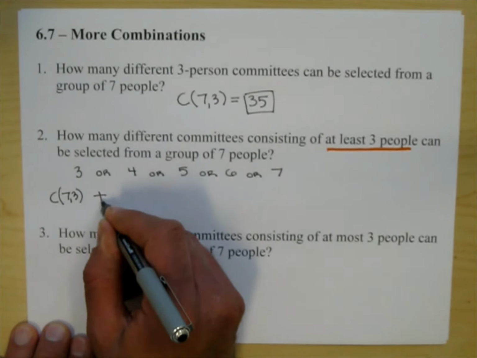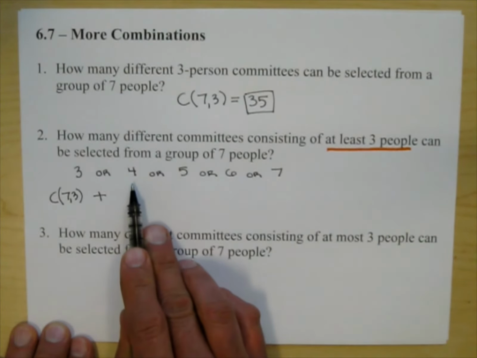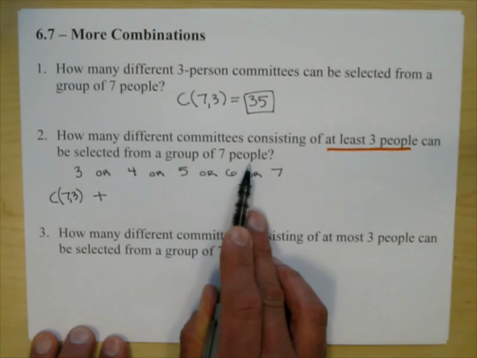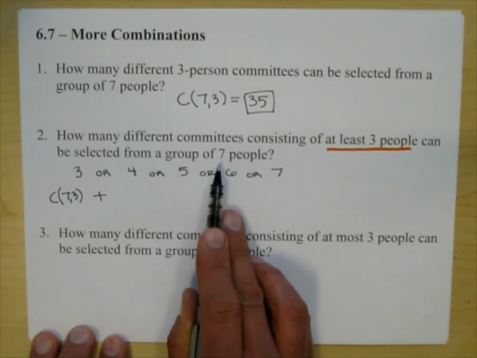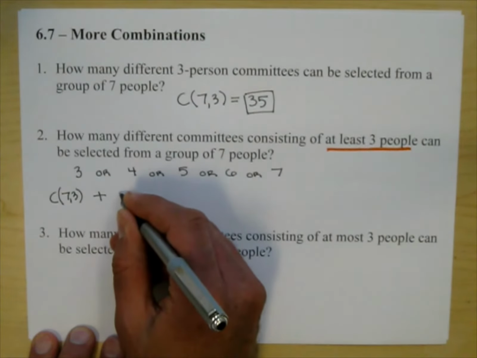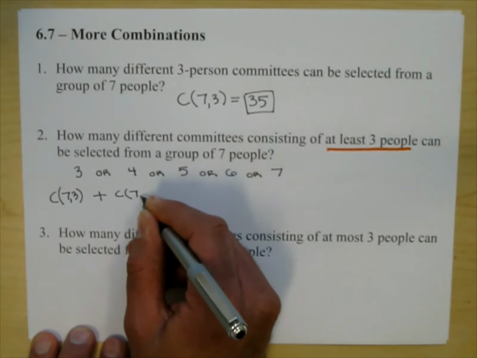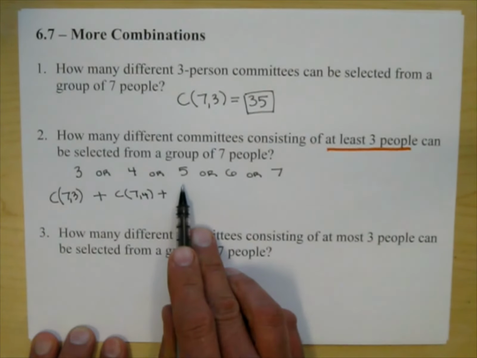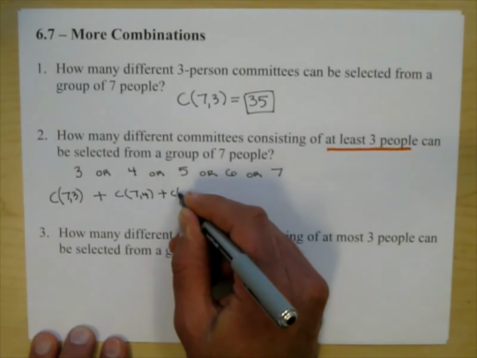Or, so that's a plus. Now I break it down to this one. How many committees can we have from 7 people with exactly 4 people? Well, that would be 7 choose 4. Or, that's a plus. 5 people, that'd be 7 choose 5.